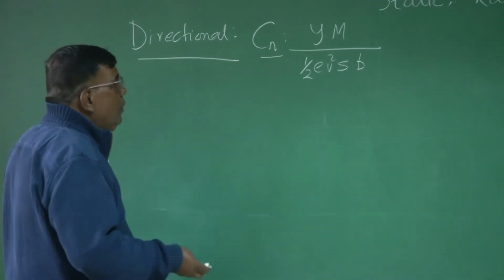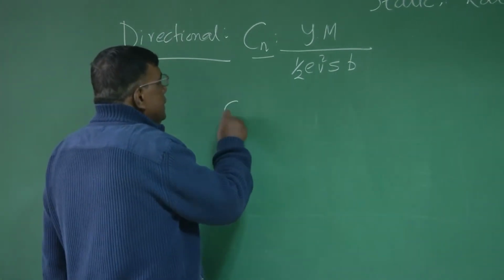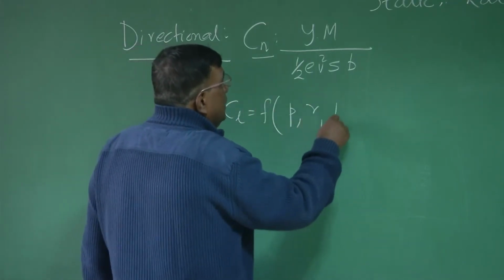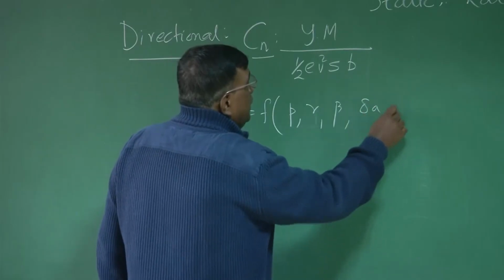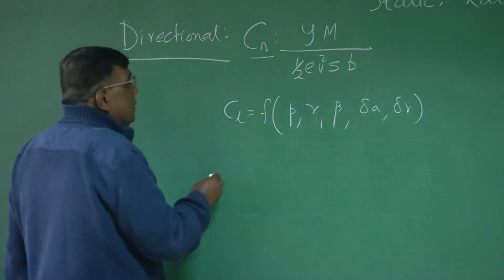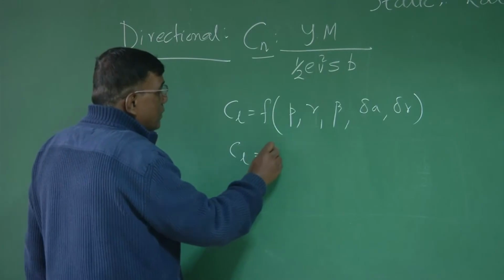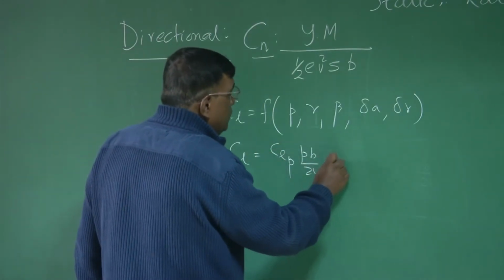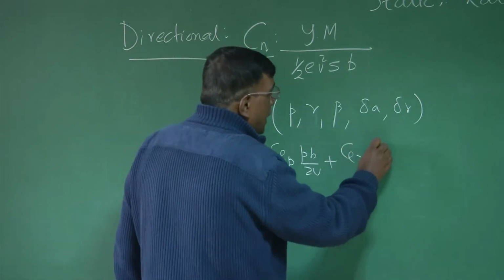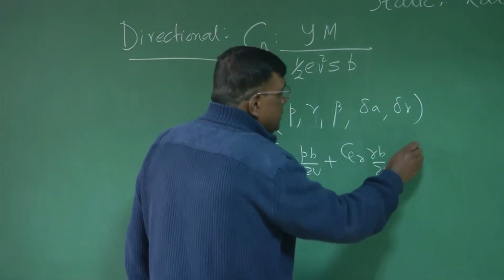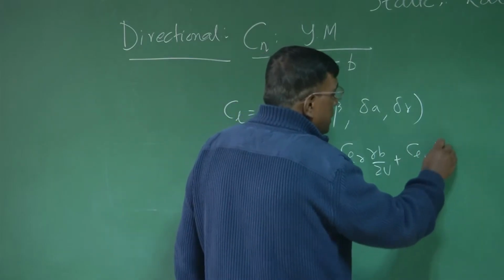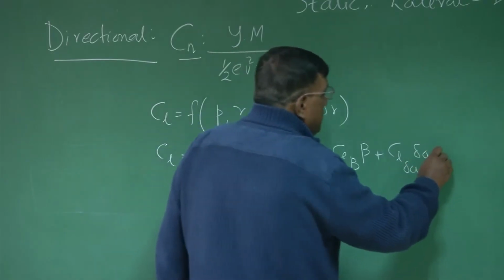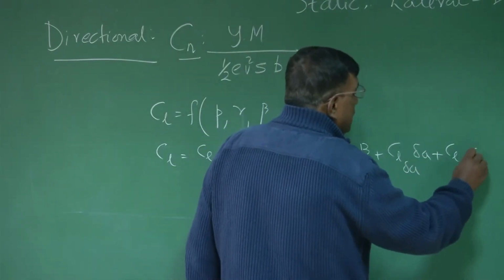Now, once you know the roll, say Cl was a function of p, r, beta, delta A, and delta R. Since we wrote Cl equal to Cl p into pb by 2U plus Cl r into rb by 2U plus Cl beta into beta plus Cl delta A into delta A plus Cl delta R into delta R.